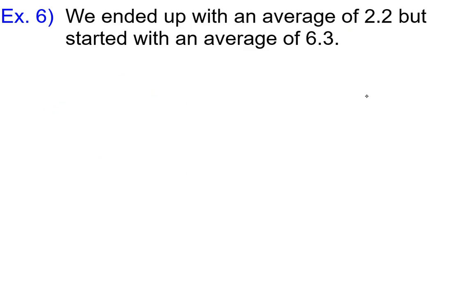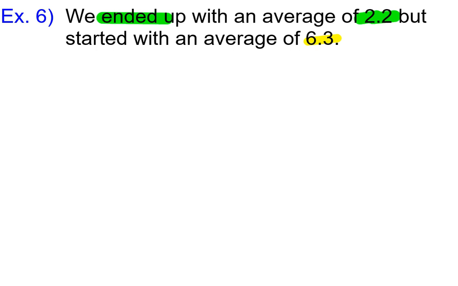All right. Let's take a look at the last example. Example 6. It says, we ended with an average of 2 and 2/10, but started with an average of 6 and 3/10. So these are the numbers we're looking for, but it's really important to know that this ending number is not going to be our denominator.